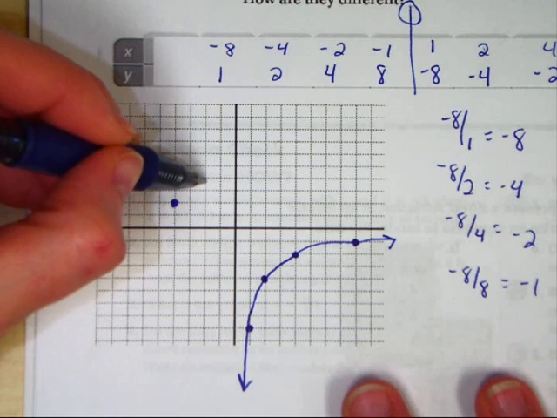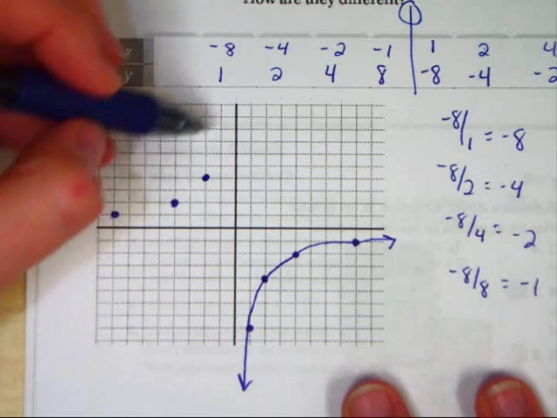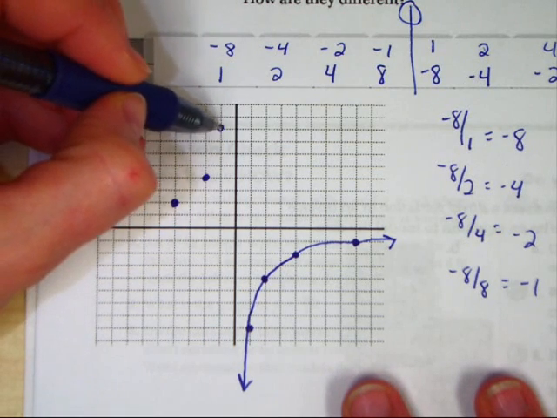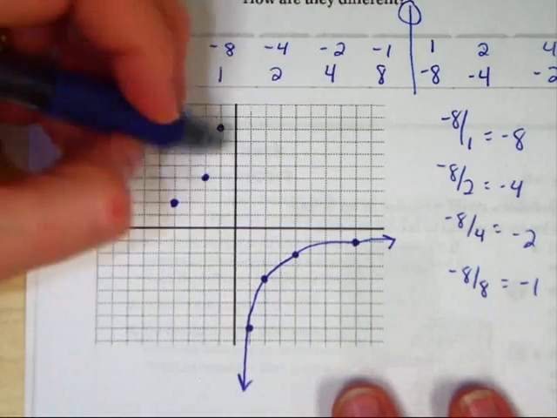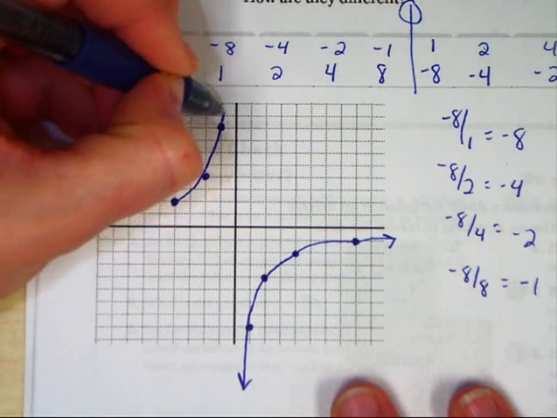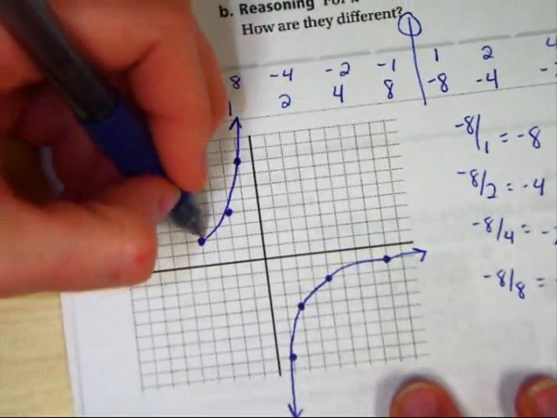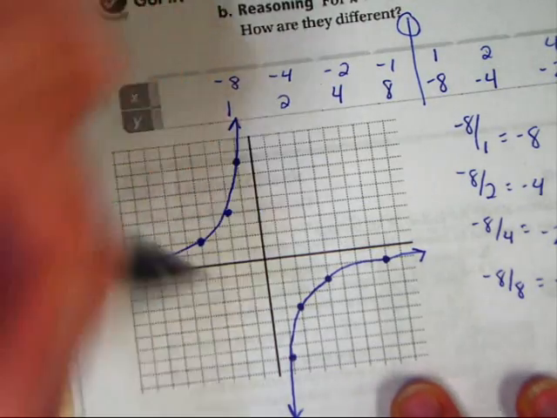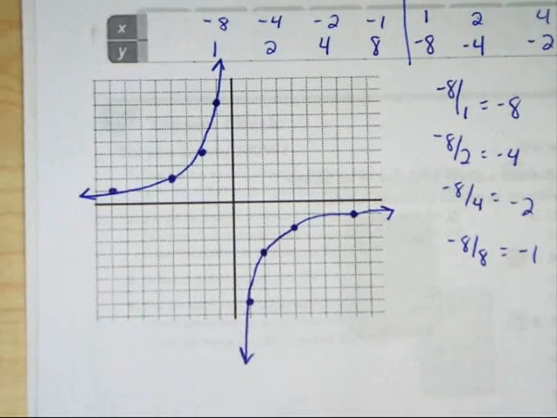Left 2 up 4. And left 1 up 8. Again, you'll notice the exact same thing happening. We approach the axes, but we never cross or touch them because both the axes are asymptotes because they're both restrictions. All right, I'm going to finish the rest of the notes on another video.